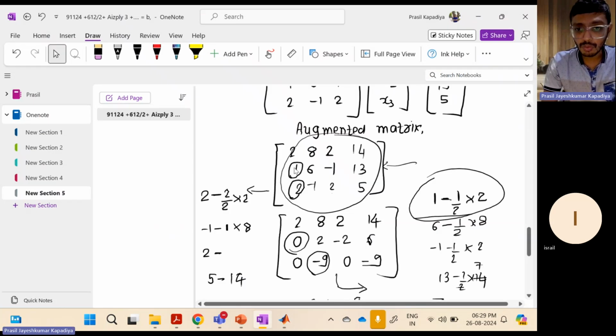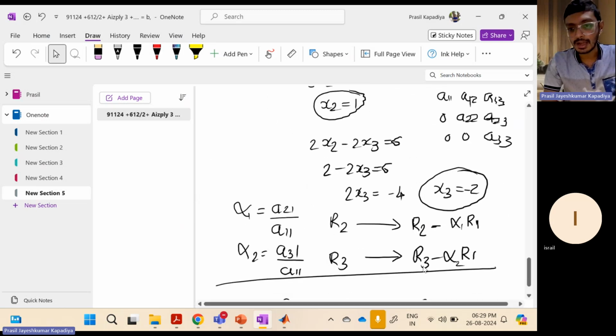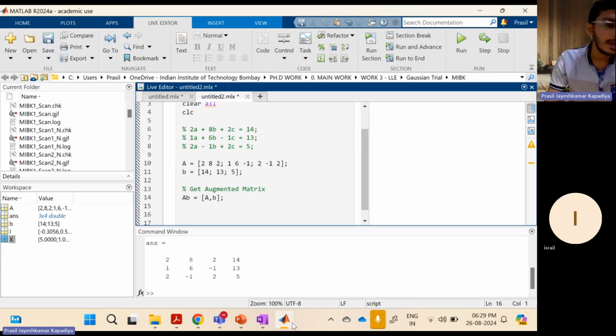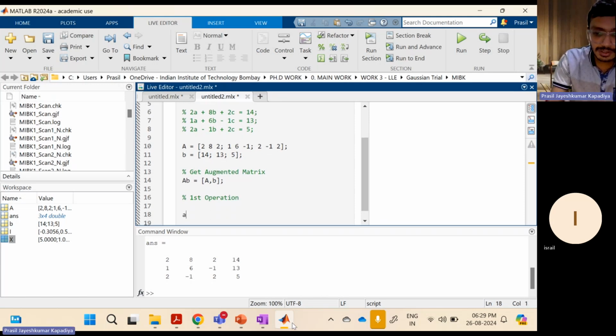I need to make this first coefficient zero. So how is it defined? R2 minus alpha times R1, and my alpha is A21 by A11. So let's first define the first operation. My alpha is defined as alpha 1, or you can just write alpha, whatever is fine.